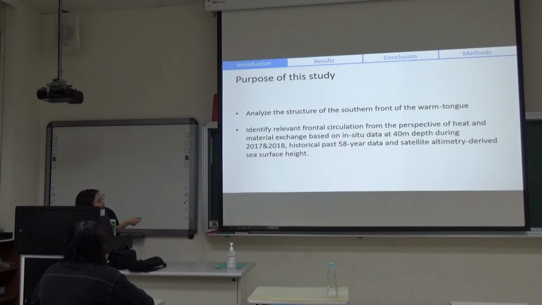This is based on the in-situ data observed at 40 meters deep during 2017 and 2018, and also historical data spanning 58 years and satellite altimetry-derived sea surface height, meaning the sea surface height data come from a satellite, briefly.